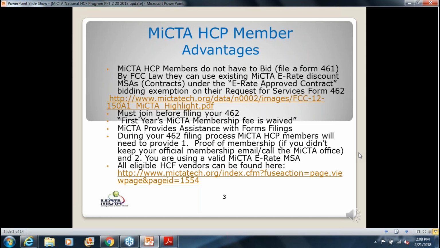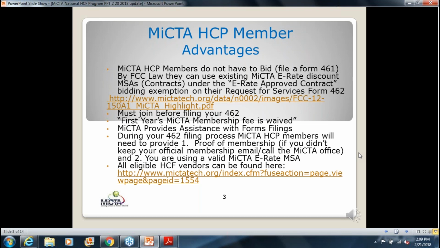I personally get involved with each one of the members who decide that they would like to file for funding under this HCF program. And we provide the proof of membership that they will have to upload in the 462 filing.